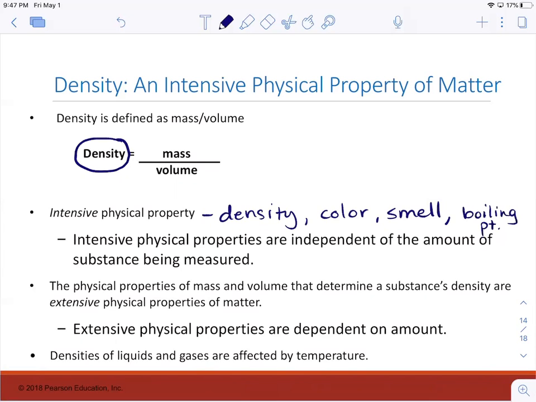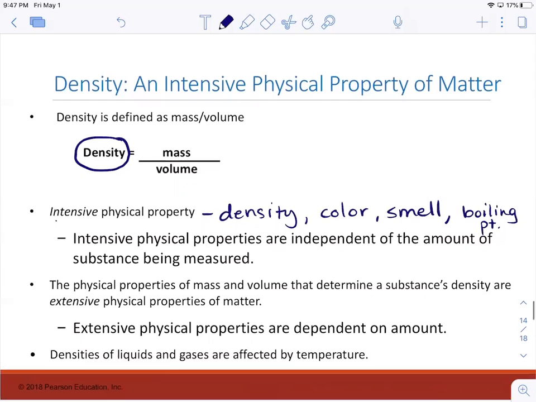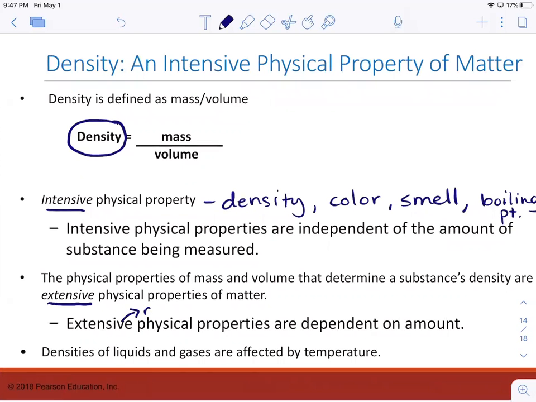Densities of liquids and gases are affected by temperature, but they are not affected by the amount of a substance. So the difference between an intensive and an extensive property of matter is very important. Intensive is independent of the sample size. Extensive is dependent on the sample size. An extensive property besides mass and volume, we could say surface area.